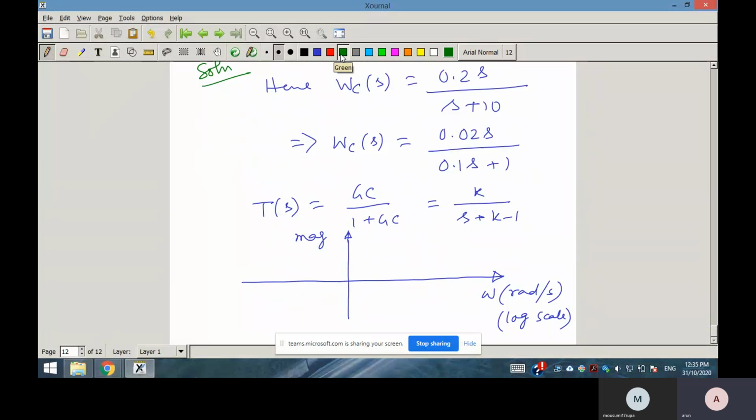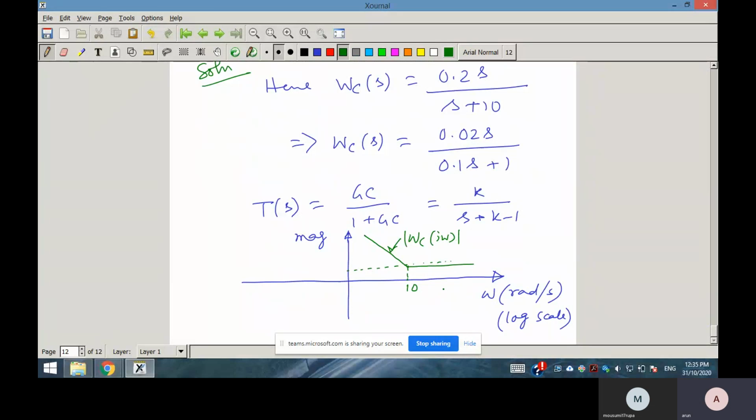What is your WC j omega? WC j omega will be like this. Your cutoff frequency is 10. This is your WC j omega plot.